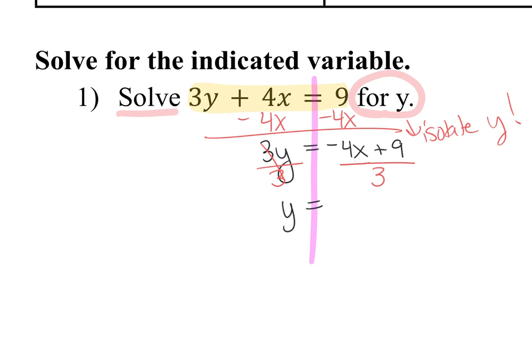And I can leave it like this. However, I don't want to, okay? So I'm going to write it so they're split up. So I can see, because later on we're going to be talking about how to figure out slope and y-intercepts. And we're going to get to points where it looks like this, and we need to know how to split it. So we might as well start learning it now, okay?